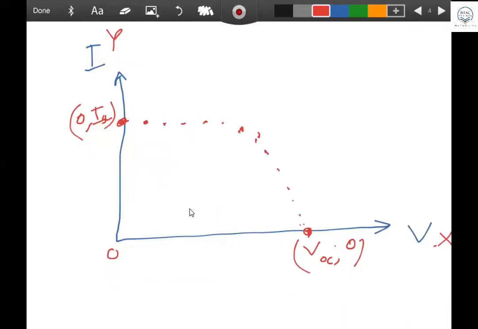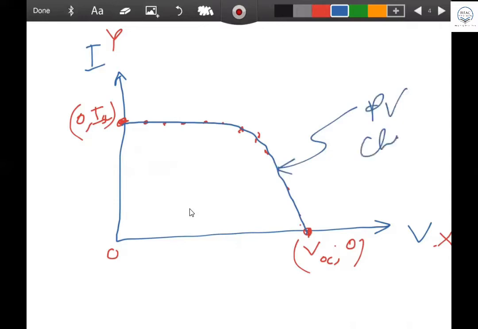He found the points are located like that, and he joined the points. He found the curve looks like this. This is the construction of his PV panel characteristic curve. This is your PV panel characteristic curve.